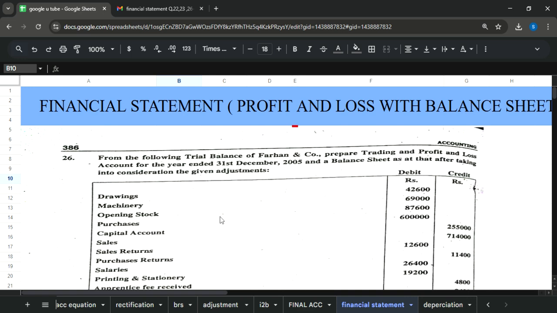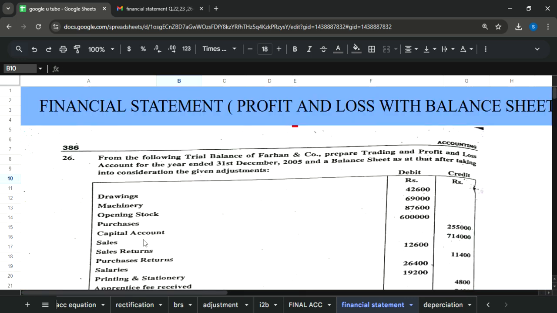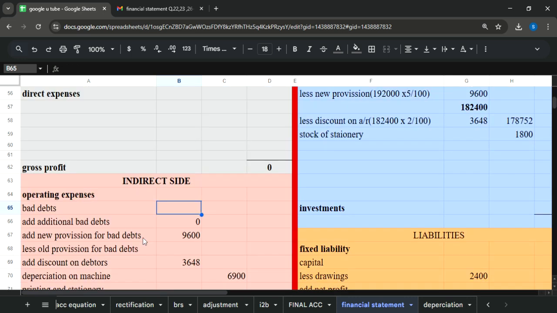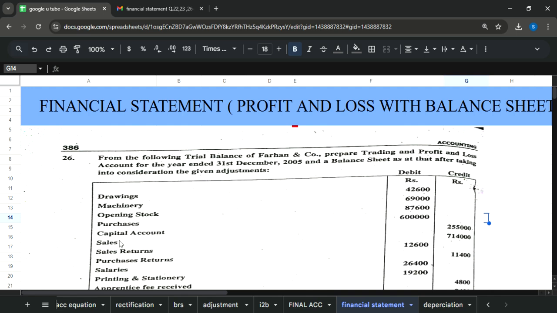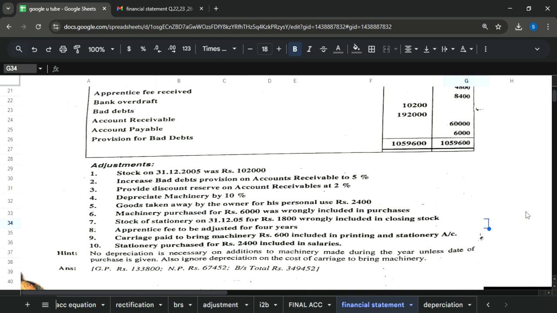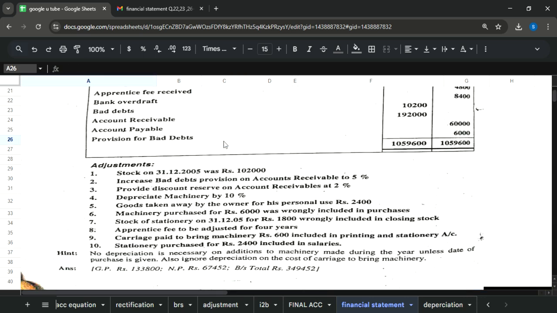Now purchases 6 lakh. So here you will write 6 lakh, purchases completed. Now capital is 255,000. Here 255,000. Its space was already reserved. After capital we have sales 714,000. So here 714,000 is the amount of sales.